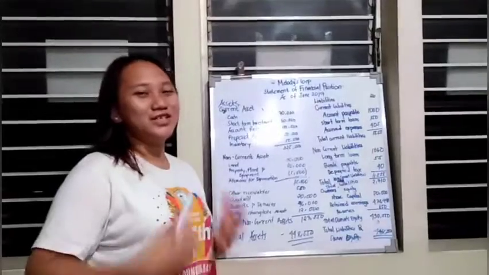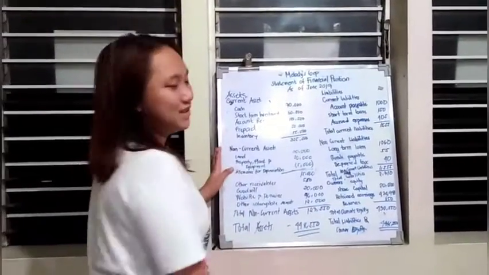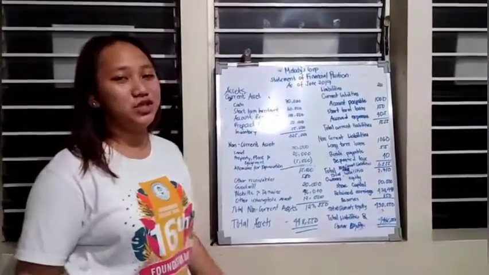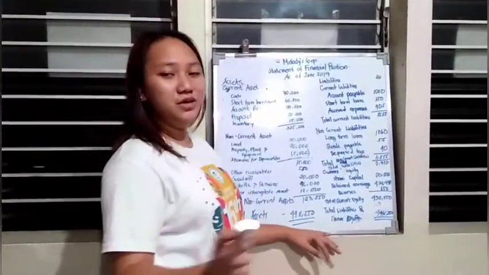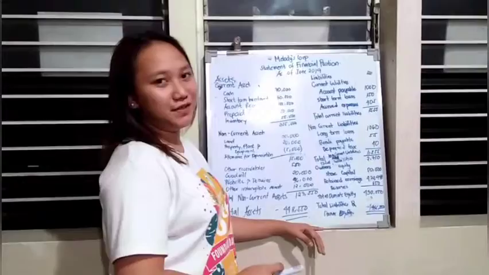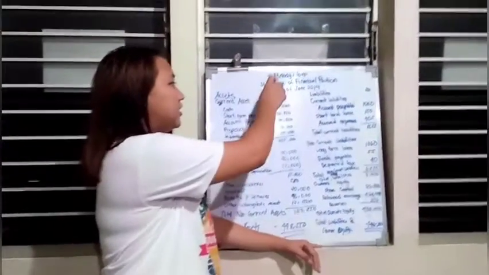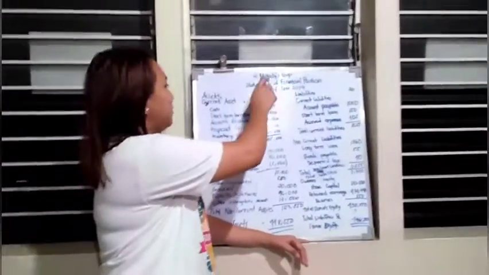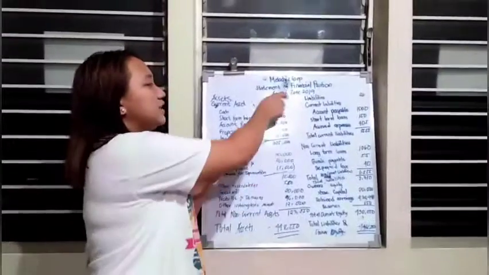And now I am going to show you how to prepare a statement of financial position. So hi guys, this is the statement of financial position. First, when we are writing the statement of financial position, we should write the heading, the name of the company. So Melodies Corp.